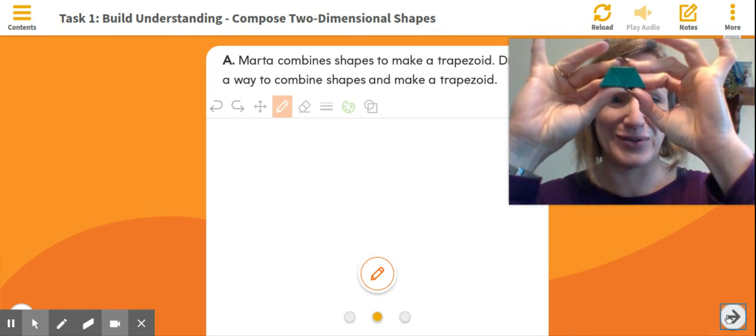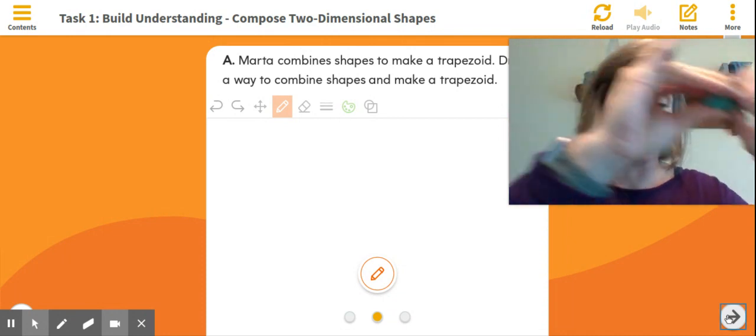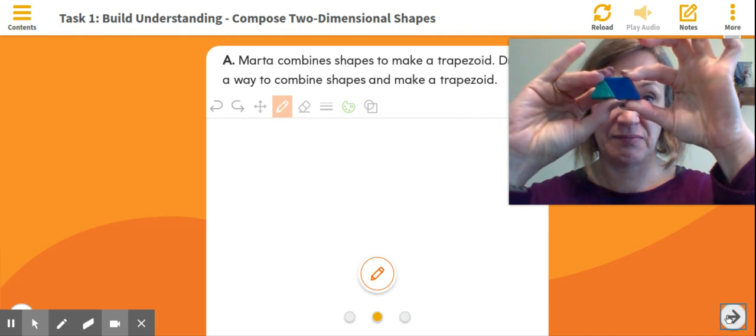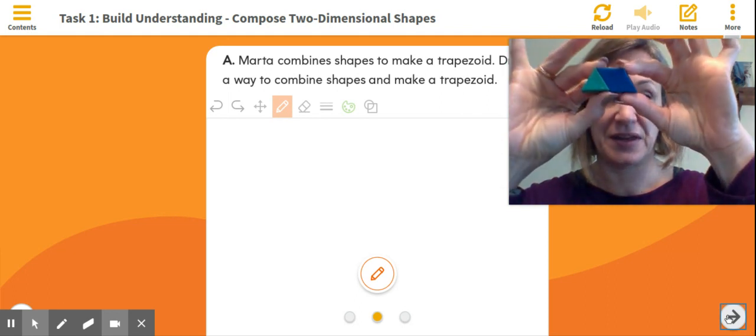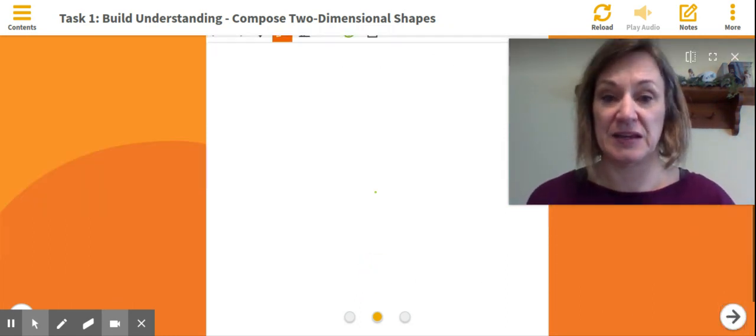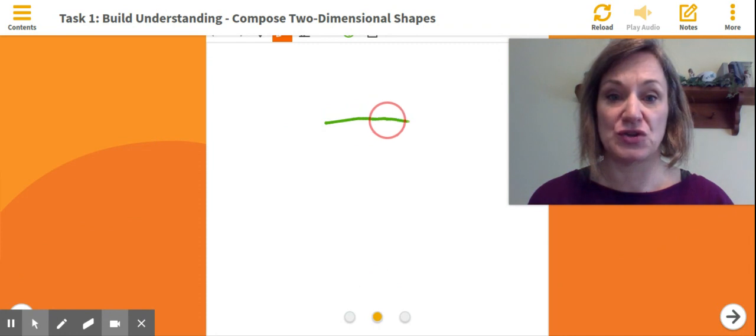I'm making a trapezoid with triangles. Another possible way to do it would be to put a rhombus with a triangle to make a trapezoid.